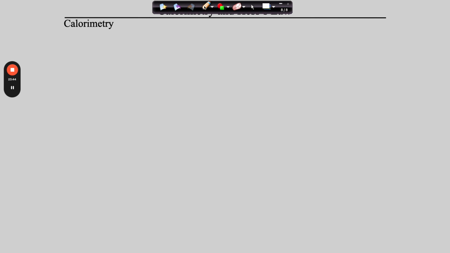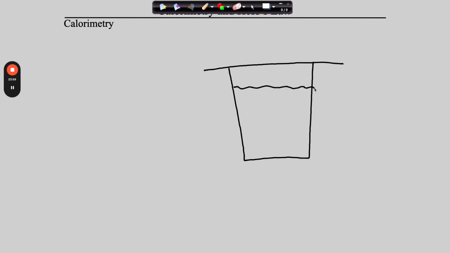And then, guys, we're going to go cup. We're going to go lid. We're going to go water. We're going to go thermometer. And for now, let's just put a stirry bar down at the bottom.